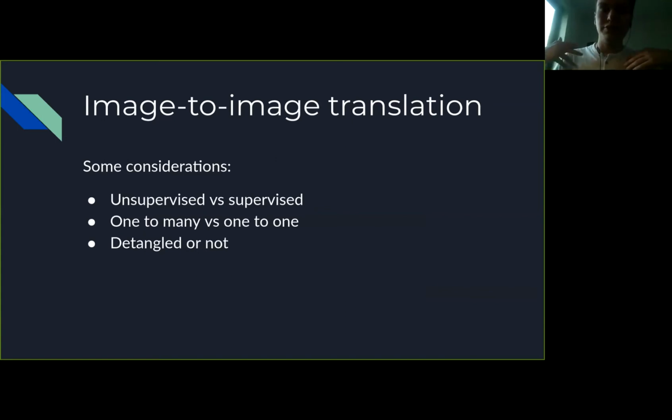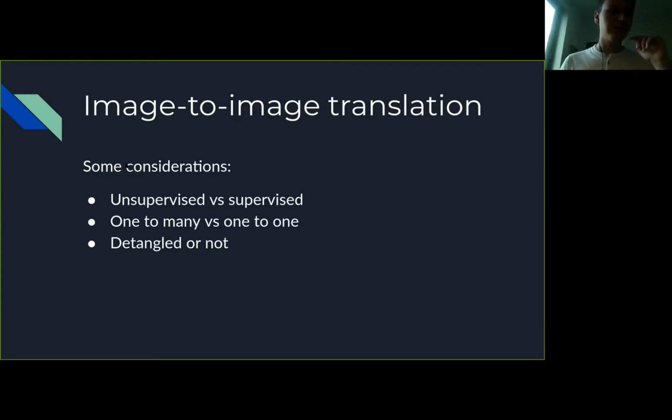Because there are a bunch of image-to-image translations, I first want to frame them in 3 different paradigms, so that you can at least understand some properties of the neural nets before I explain them in detail.